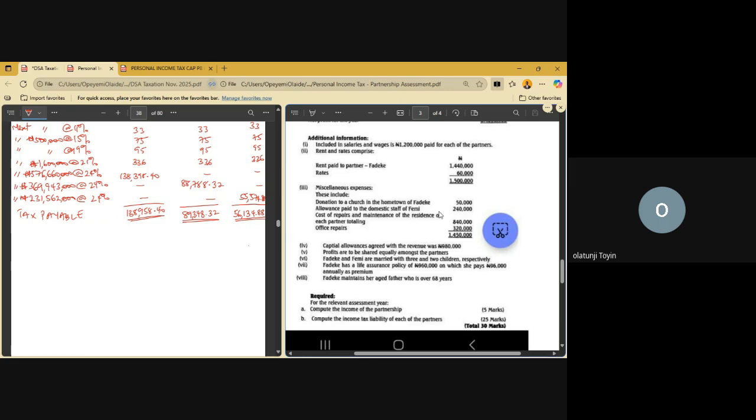Capital allowances agreed with the revenue was 480,000. Profit is to be shared equally amongst the partners. Fadike and Femi are married with 3 and 2 children respectively. Fadike has a life assurance policy of 960,000 on which she pays 96,000 annually as premium. Fadike maintains her aged parent who is over 64 years. Required for the relevant assessment year: compute the income of the partnership, and compute the income tax liability of each of the partners.